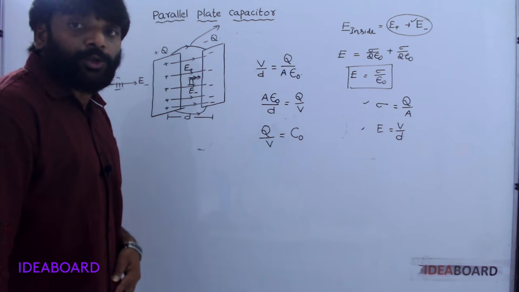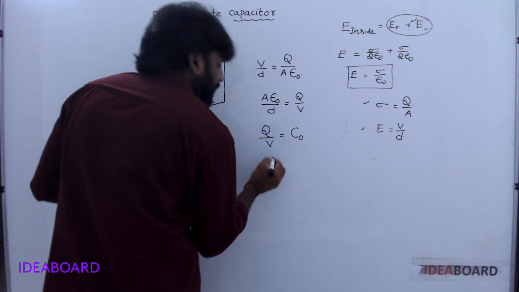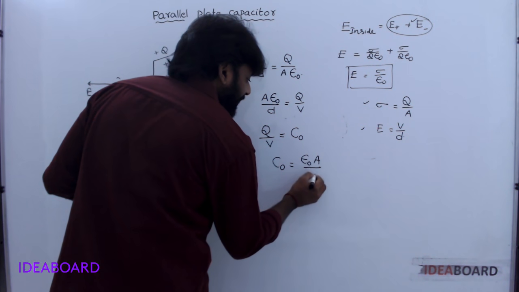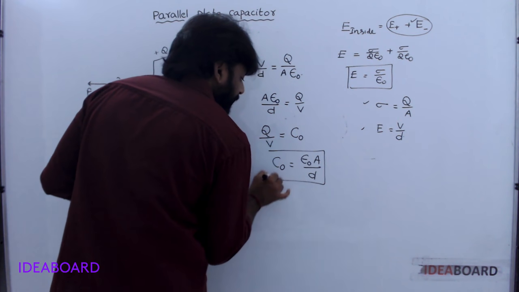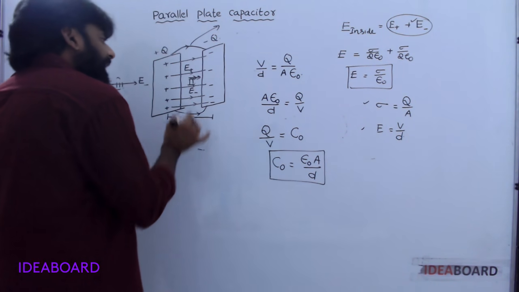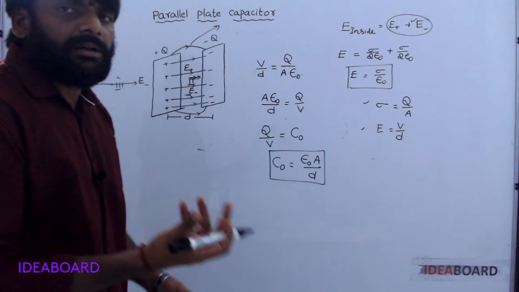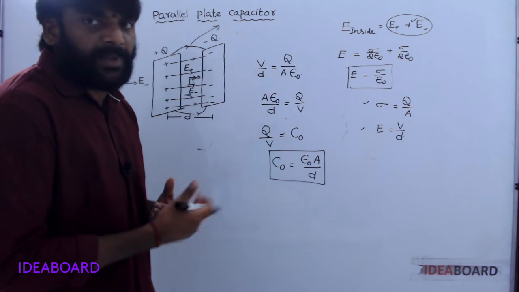Capacitance is equal to Q by V. Understood? C naught is equal to epsilon naught A by D. Here the medium is vacuum or air or free space.